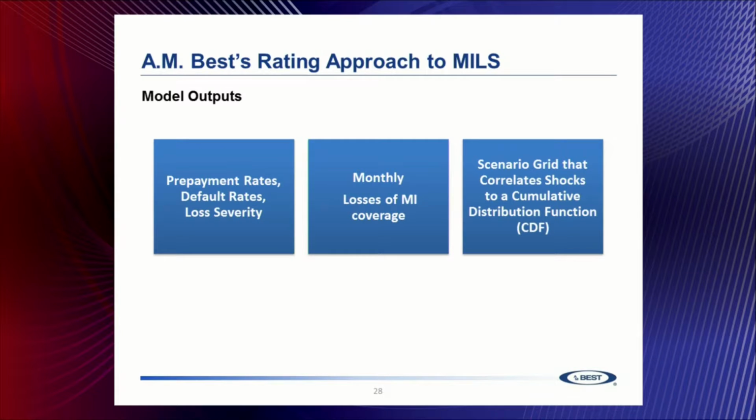The CDF of the base scenario is the 50th percentile, the median. Stress scenarios are scenarios with CDF greater than the 50th percentile. In the range of 80th or higher percentiles are the ones that we are interested in. For each scenario, the model outputs monthly prepayment rates, default rates, loss severity, and aggregate loss of MI coverage for the whole portfolio until the maturity of the portfolio.